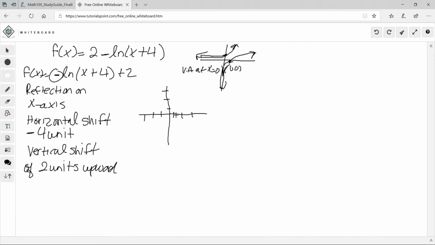So instead of it looking like this, it's going to look something like this. Still has a VA at x equals 0, right? Vertical asymptote at x equals 0. So this graph is y equals negative ln x.